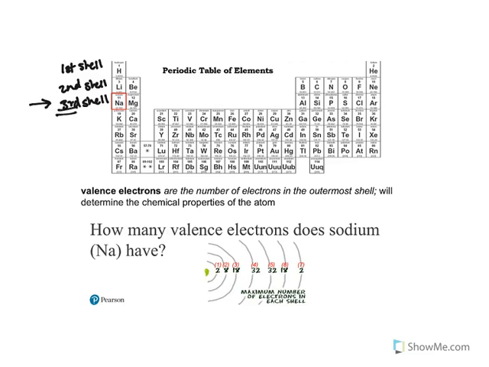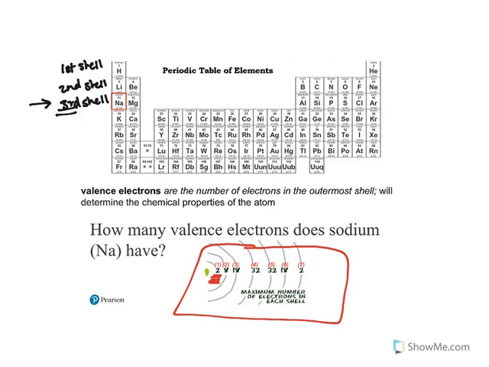Okay, now I'm going to use this concept down here, in that each shell of an atom will hold a maximum number of electrons. So I can actually see that the first shell can only hold 2 electrons. I have a 1 in parentheses, telling you that that's the shell number.